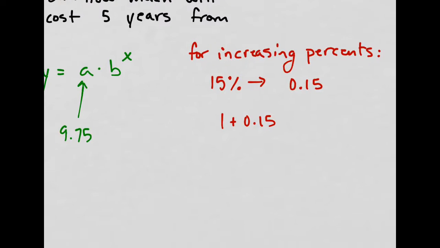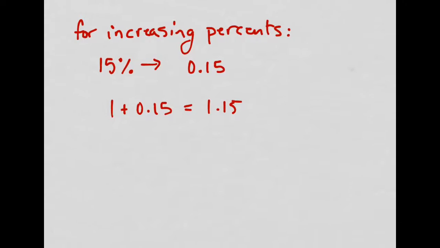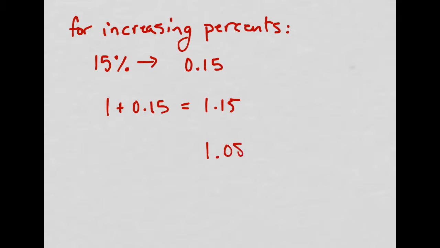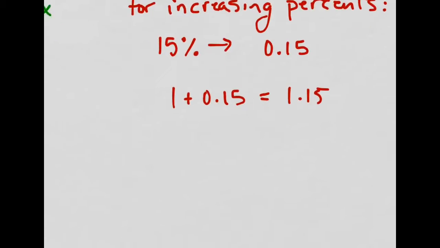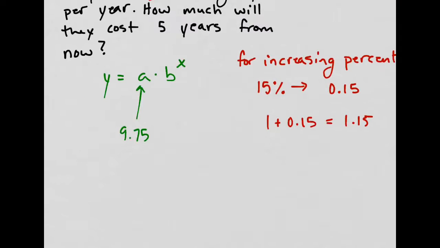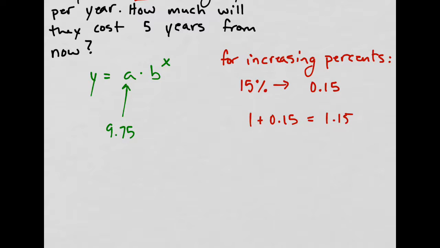So this number is 1.15. If it was increasing by 8%, it would be 1.08. Increasing by 90%, it would be 1.90. Hopefully that's simple. We'll do another example to make sure we got it. If we were decreasing, we'd just have a minus sign.